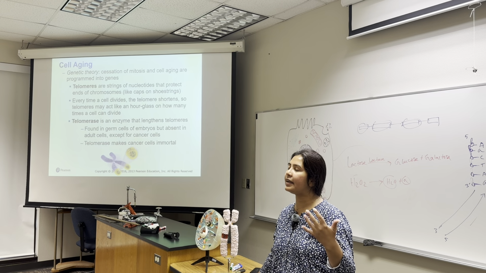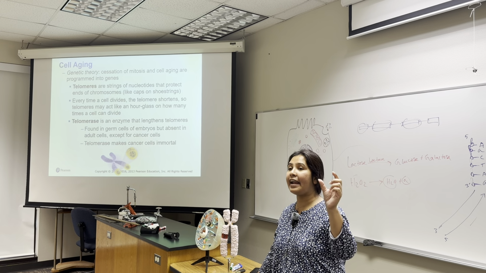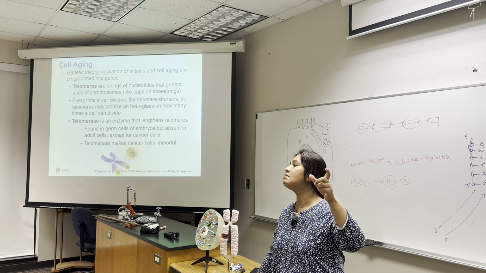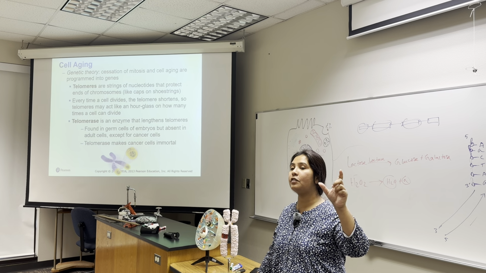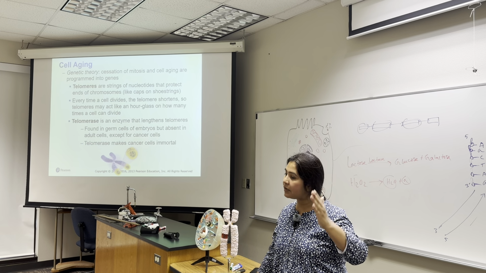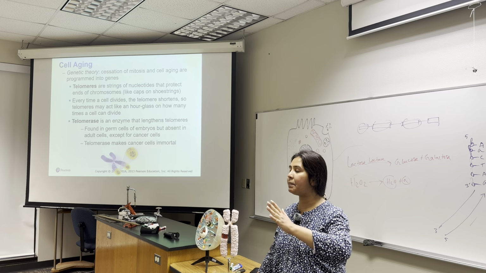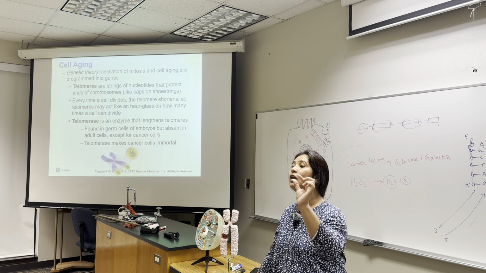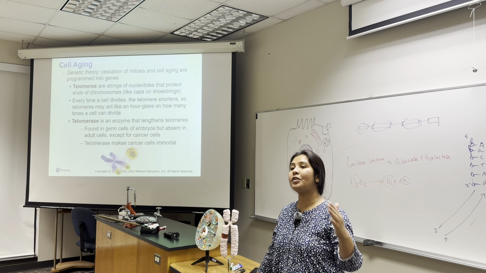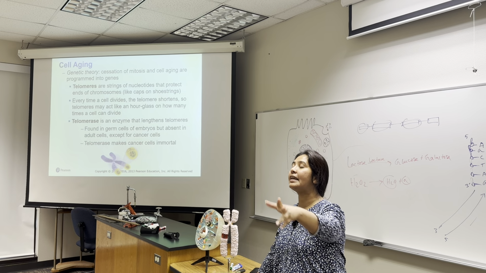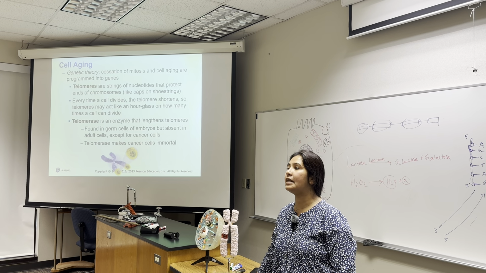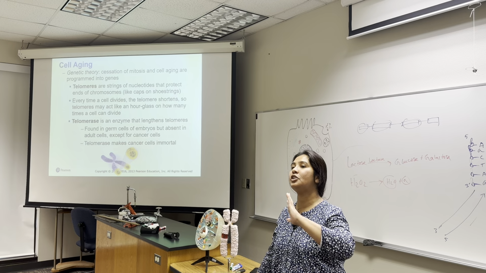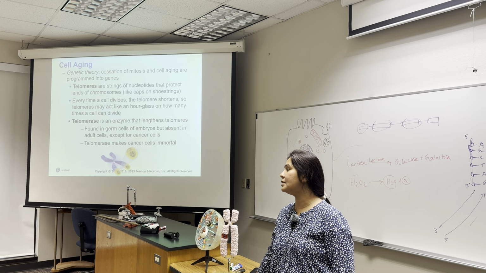Every time you divide the DNA, the end of the DNA is called the what? Telomere. So every time you replicate the DNA, the telomere length shortens, to a point where you cannot replicate the DNA anymore. That is the point you actually stop dividing the cell.